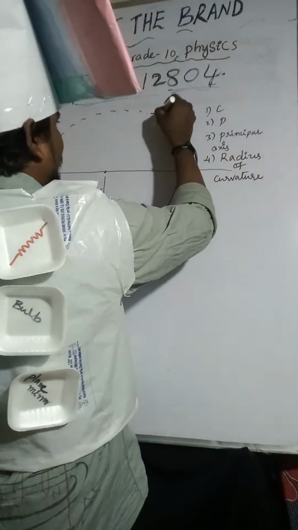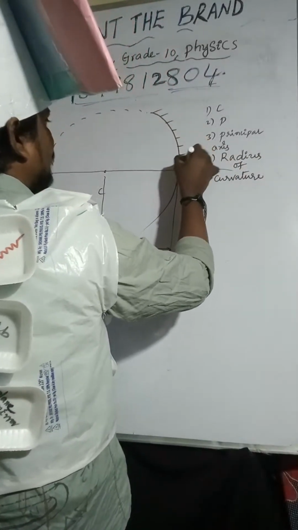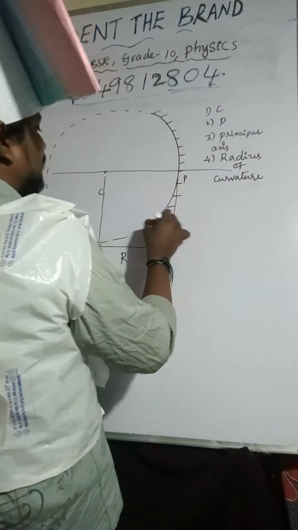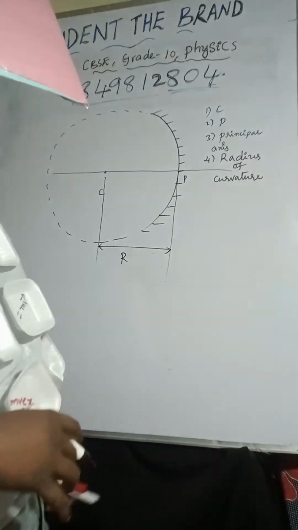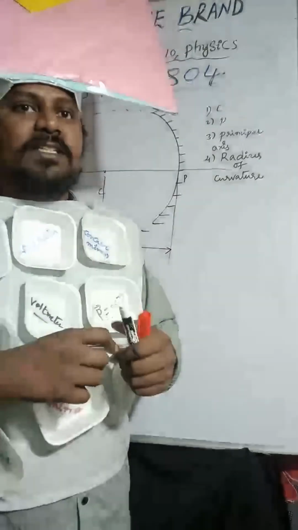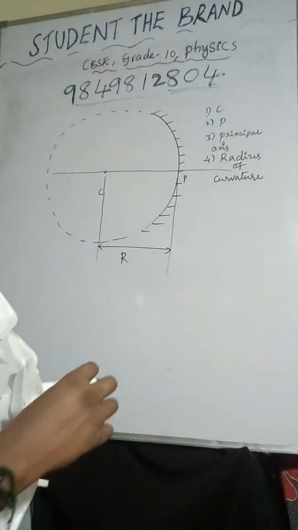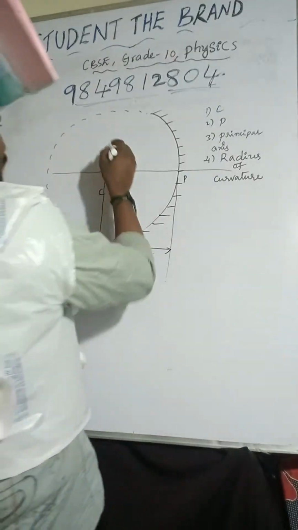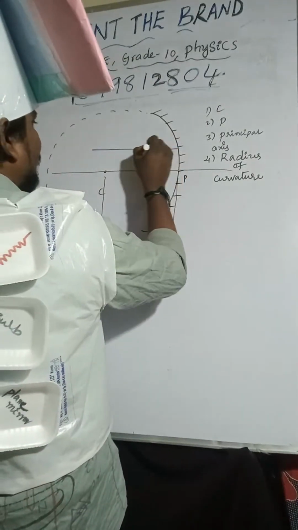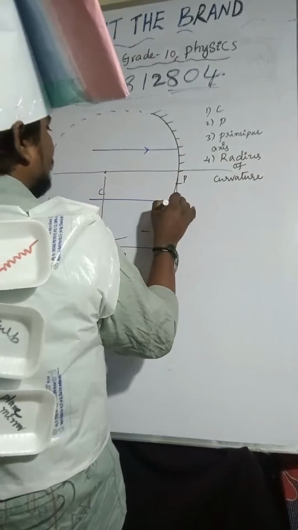I took the concave mirror, whose reflection takes place inward. You can observe that after reflection all light rays meet at one point on the principal axis.